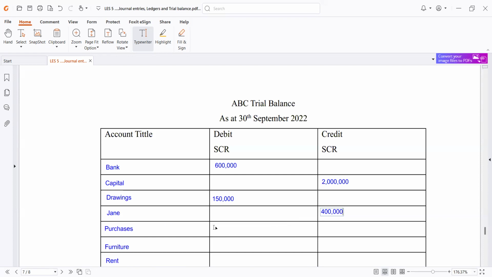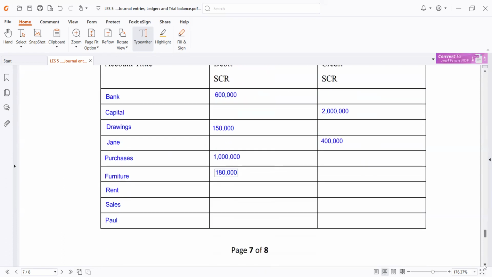Then purchases, we have 1 million. Furniture, 180,000. Then we proceed with the rent account, 120,000. Then we have sales account. We have 590,000. Then we have King, nothing for King, but we have Paul.